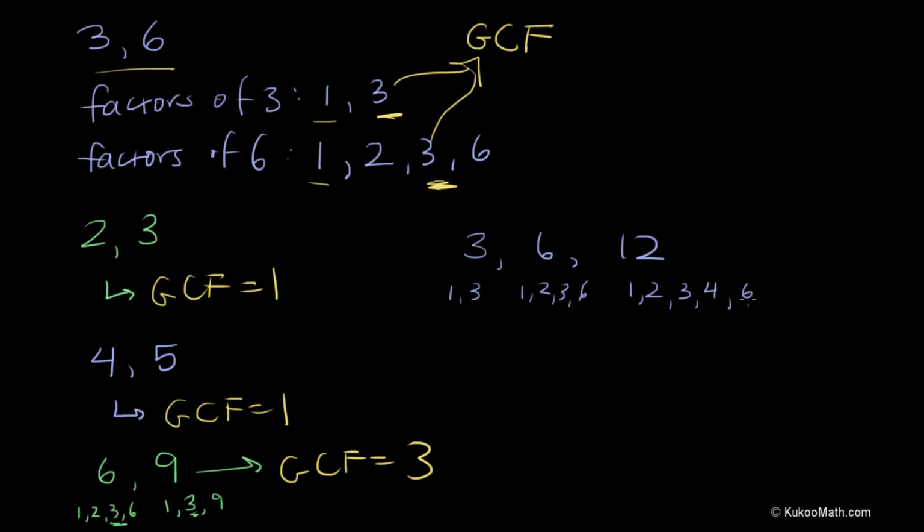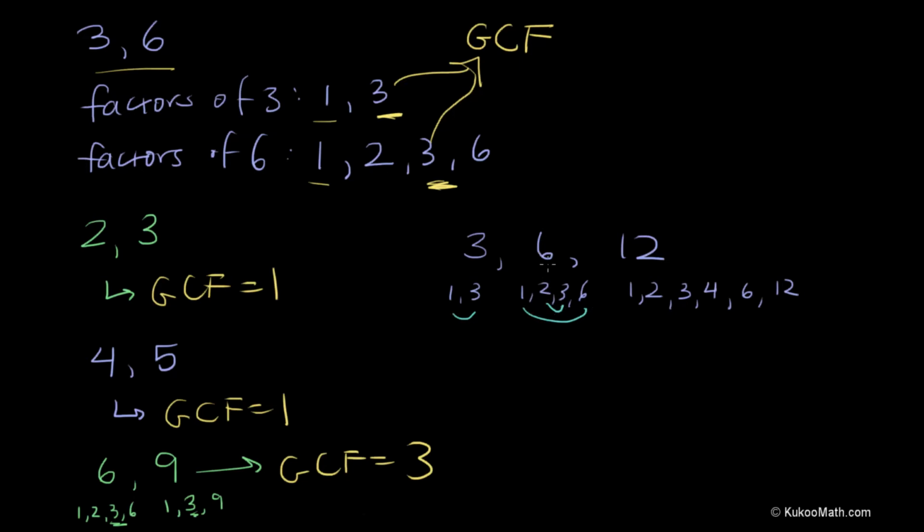Another thing you'll notice about the factors of a number is that they pair up. So if you look at 3, it's obvious which two numbers are the pair. For 6, you'll notice that 1 and 6 pair up, and 2 and 3 pair up. And by pair up, I mean that when you multiply them together, they get you 6.